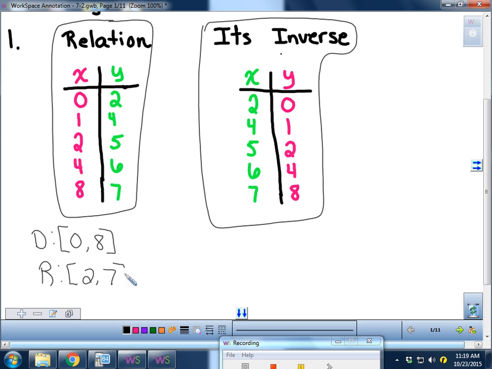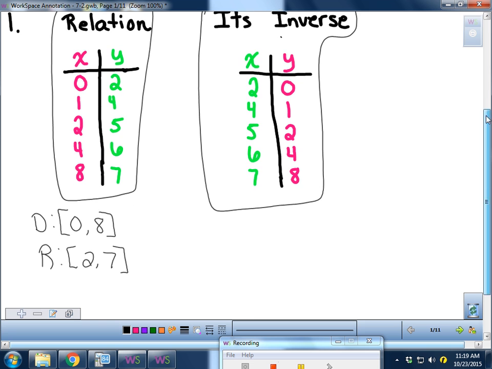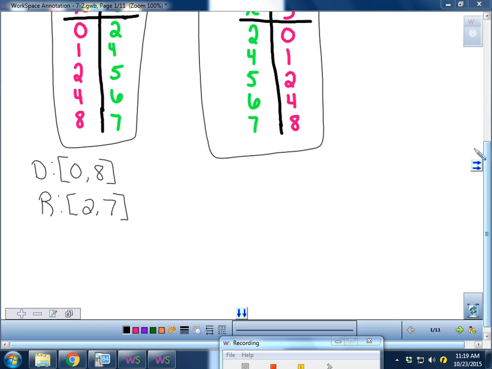So I went all the way from 2 to 7. Now, something else, let's talk about the domain and range of your inverse. The domain of my inverse would be 2 to 7, and my range would be 0 to 8.